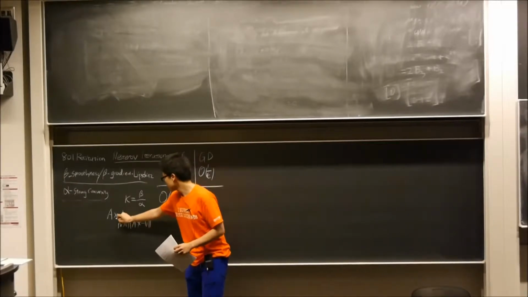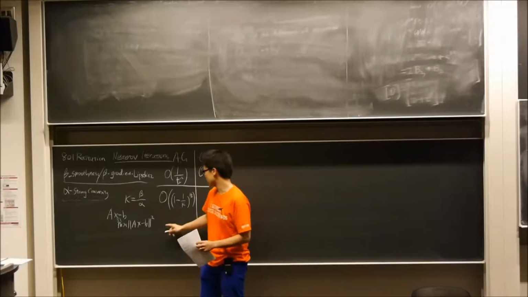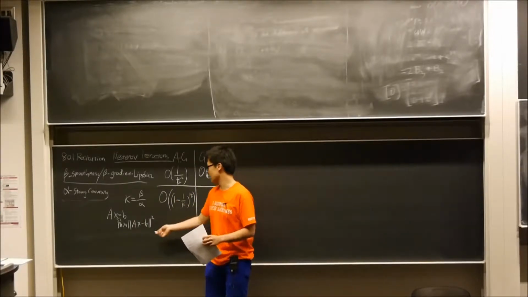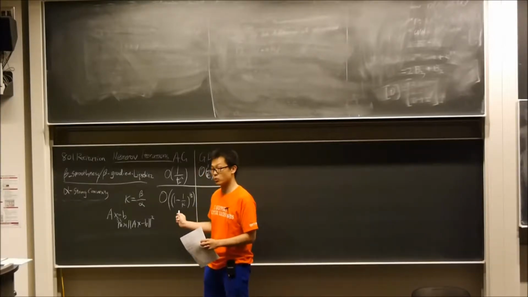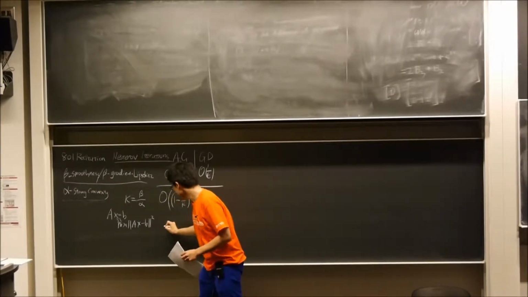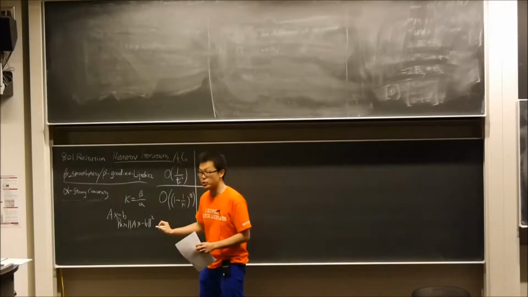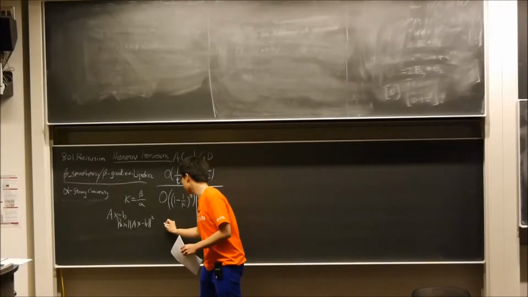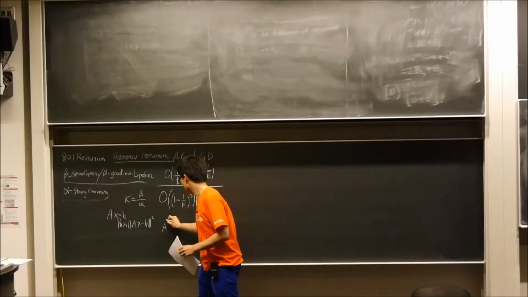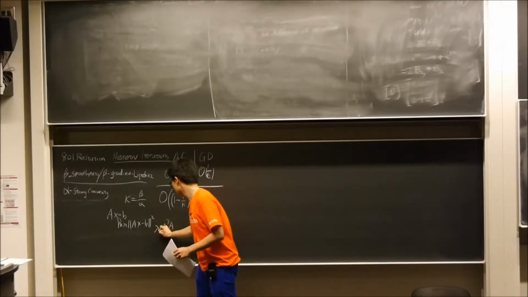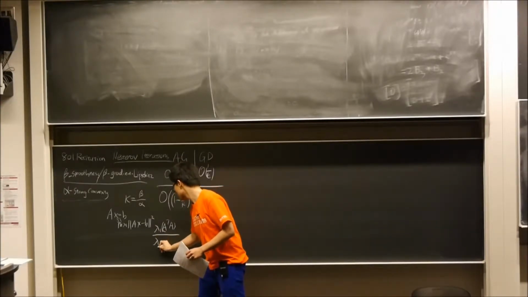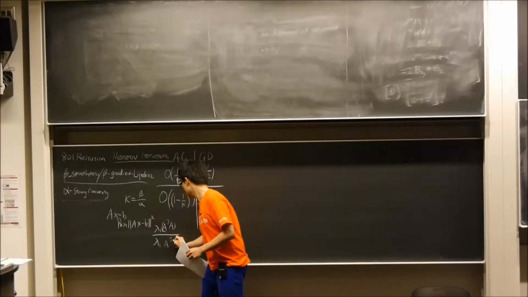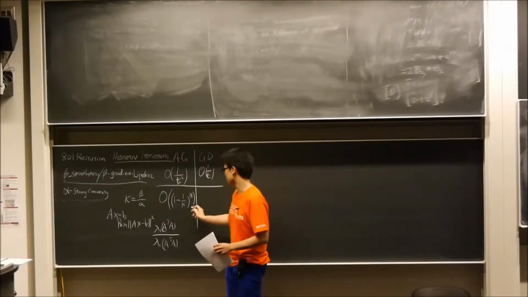If we are solving a linear system using gradient descent on this problem, then this kappa would be the ratio between the maximum eigenvalue of A transpose A divided by the smallest eigenvalue of A transpose A. That's why it is called the condition number.